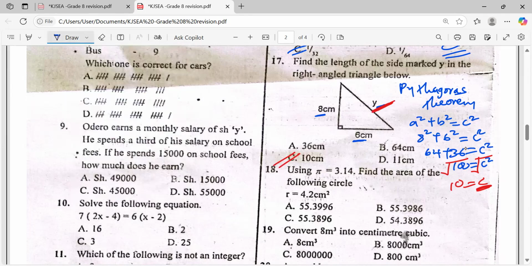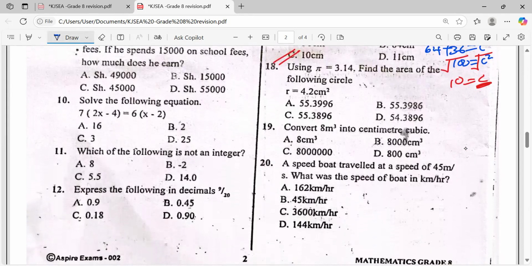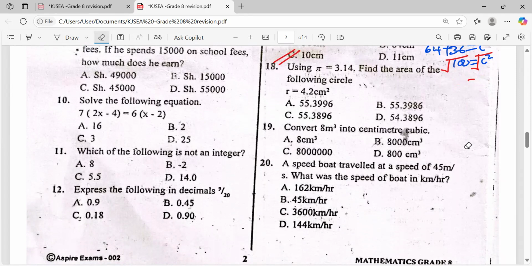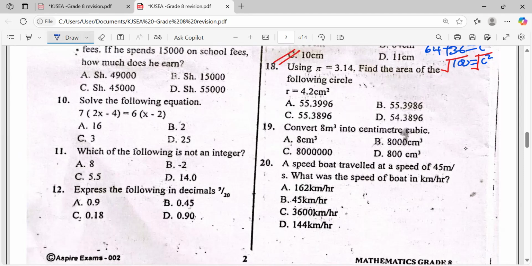Let's continue. Question number 18. Find the area of the following circle. You've been told that pi is 3.14. Given that the circle has radius r of 4.2, our radius is 4.2.